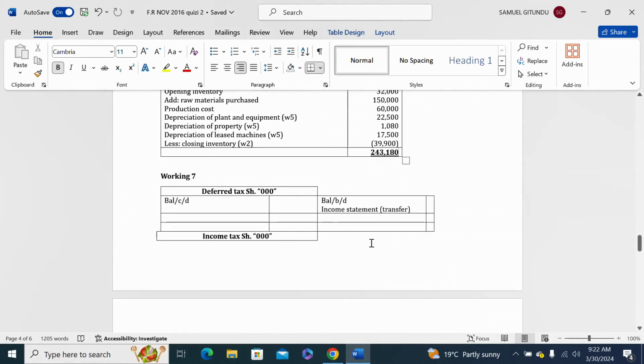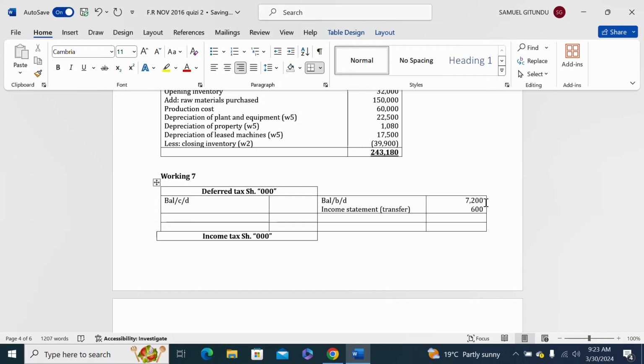The balance brought down of the deferred tax is 7,200,000. Then the transfer to the deferred tax, we have been told it is 600,000.